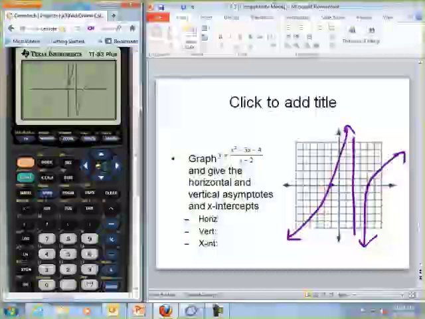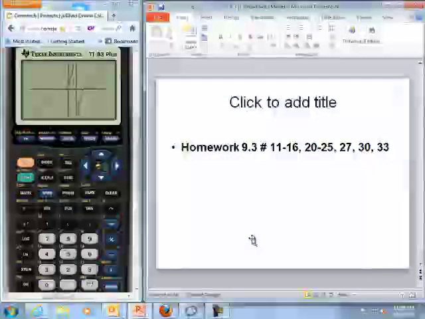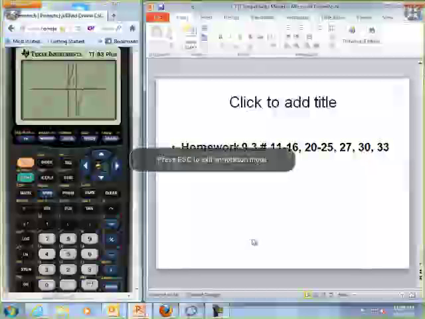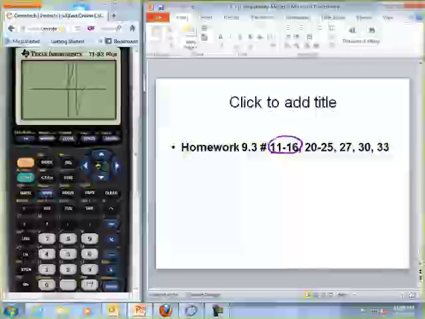Questions? Listen very carefully about your homework. For your homework, for problems 11 through 16, the directions ask you to find the x-intercepts and the vertical asymptotes.